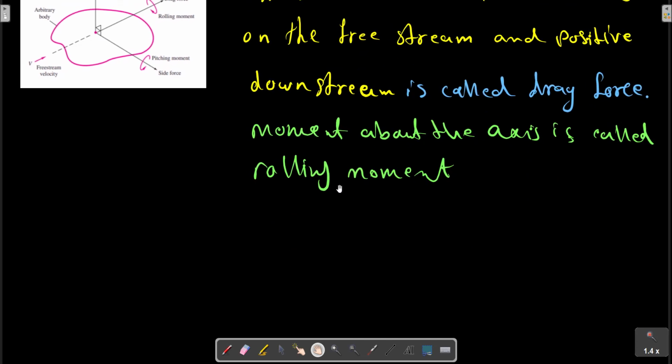The drag is essentially a flow loss and must be overcome if the body is to move against the stream.